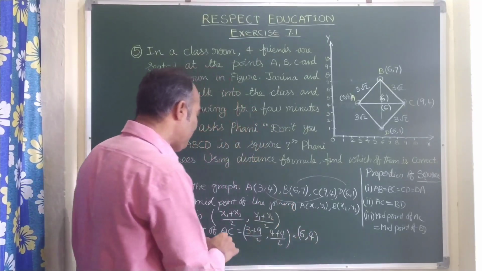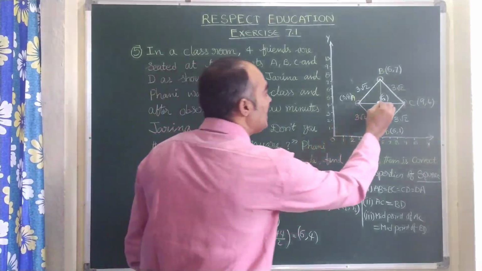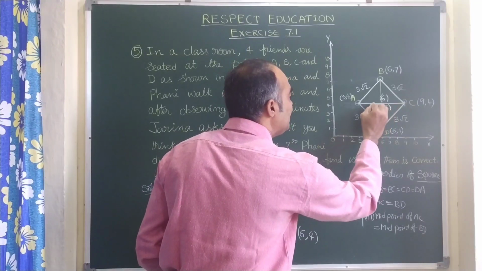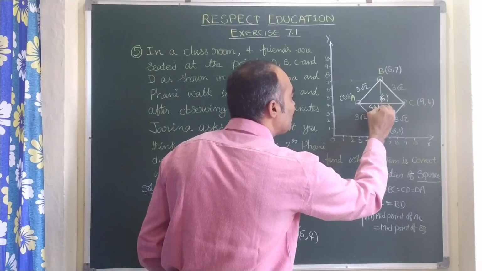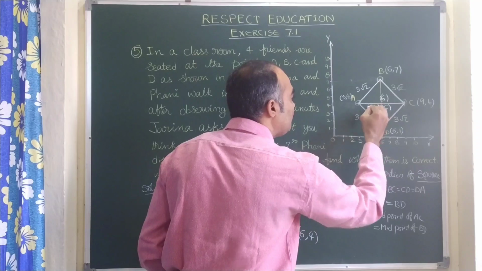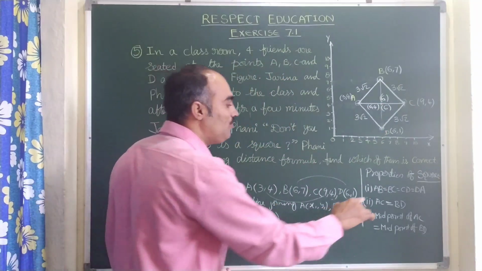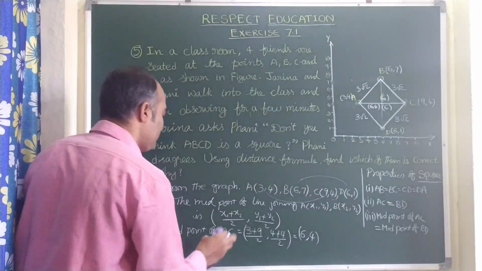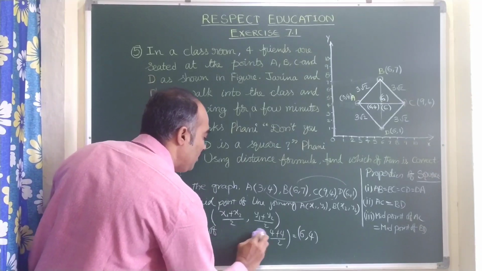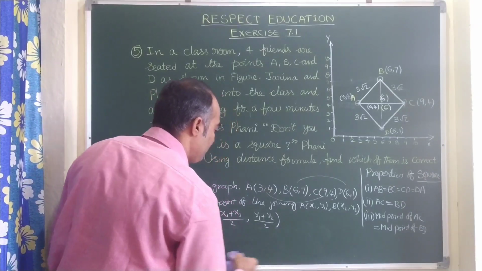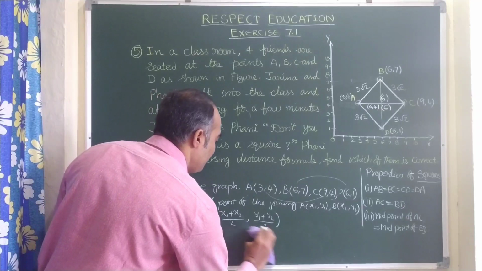So the midpoint of AC is 6 comma 4. Now we are going to find the midpoint of BD.